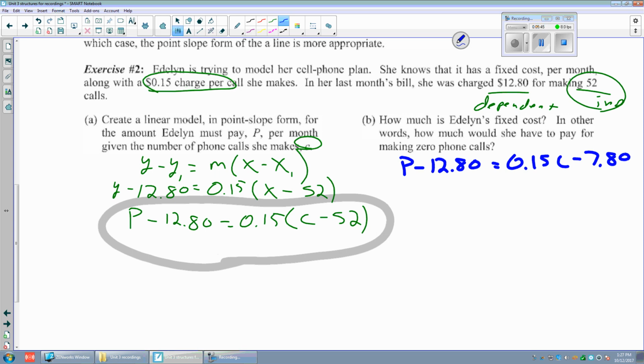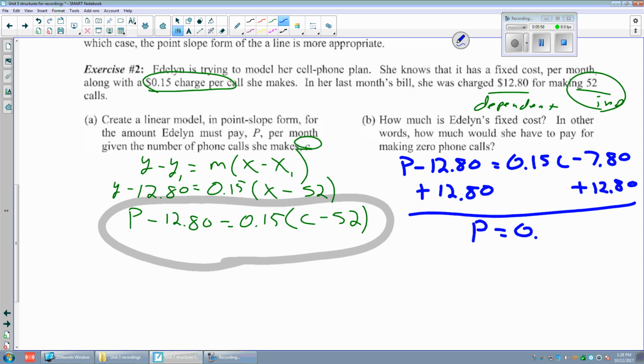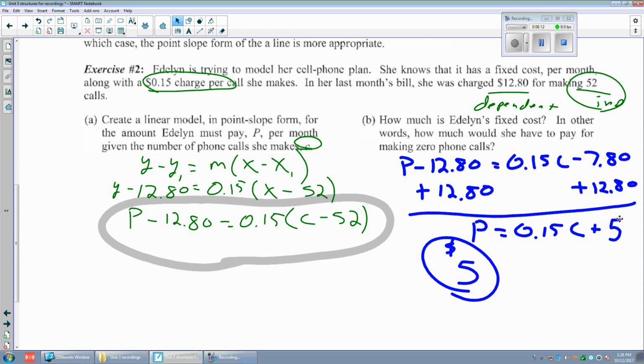I'm going to solve for P. I'm going to add 12.80. Always keep in mind what you're doing. $5 is the answer.